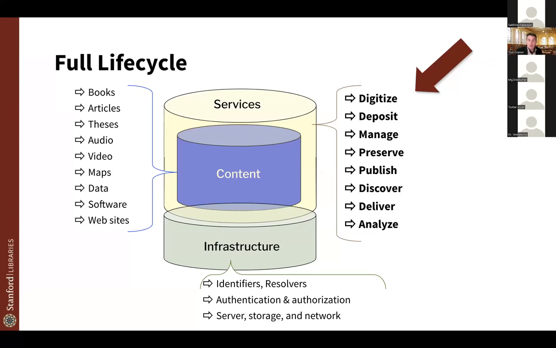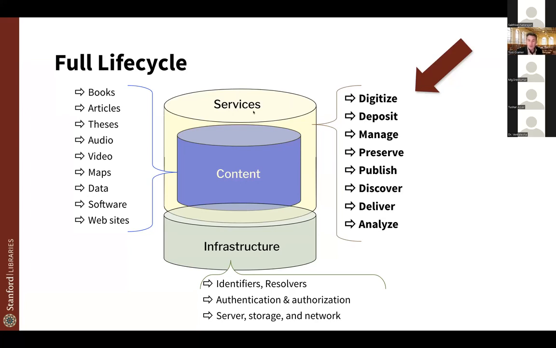Because it's digital, you also have to have services that understand, deliver, and manage that information over time. This is the technology, the information technology. And then finally, you have to sit on a set of infrastructure, which might be cloud-based, or a local machine room with servers, storage, network, accounts and authentication to let you log in and be able to see things.